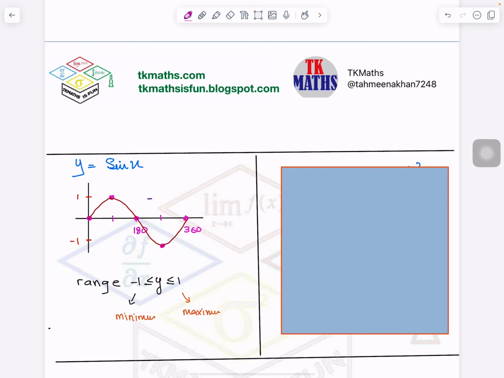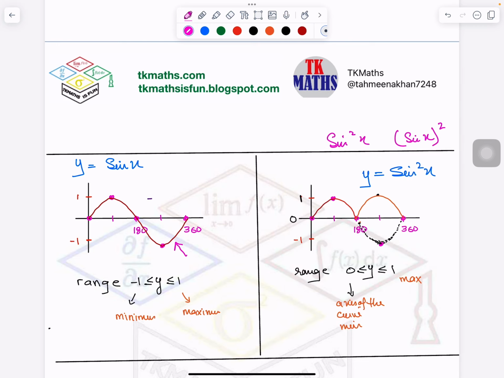Now think, if instead of sin x, you have here sin²x, then what will be the impact on the sketch? Because sin²x means sin x to the power 2. It means you will not have negative values. So this part of the sketch, which is below the axis of the curve, will become positive. So what will it become? It will be like this.